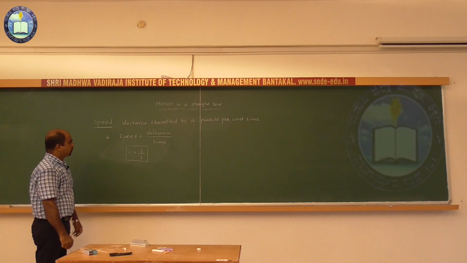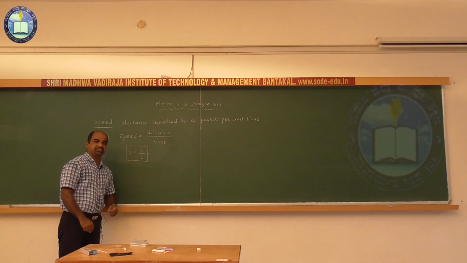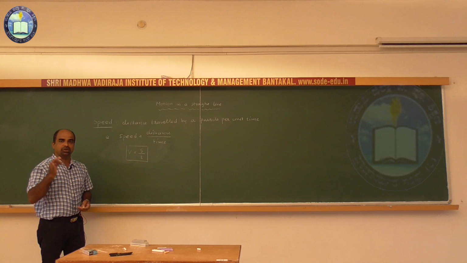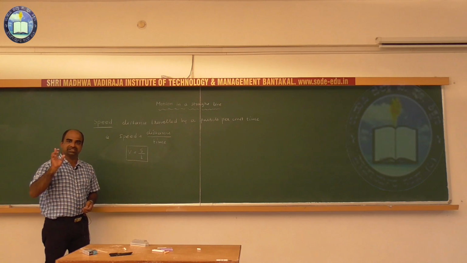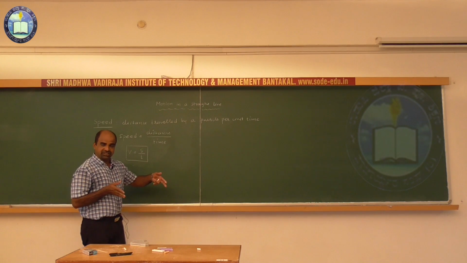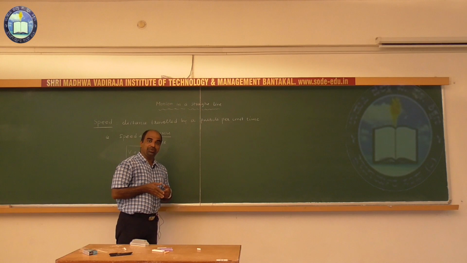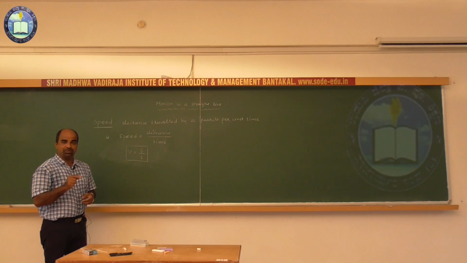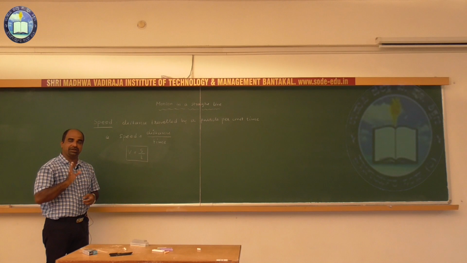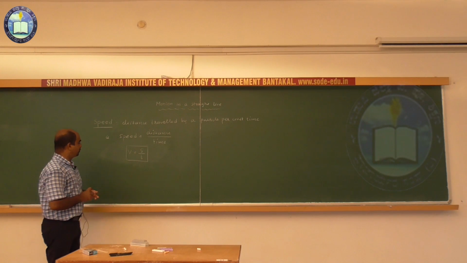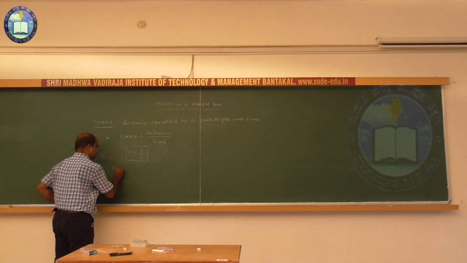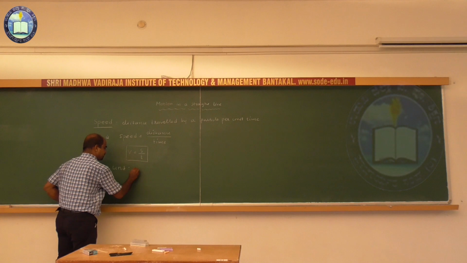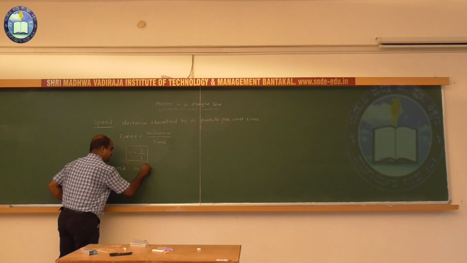So you know students, what is distance? Actual length of the path traveled by a body is called distance. In SI system, length is measured in terms of the unit meter. Time is always measured in terms of second. Therefore, unit of the speed is meter per second.